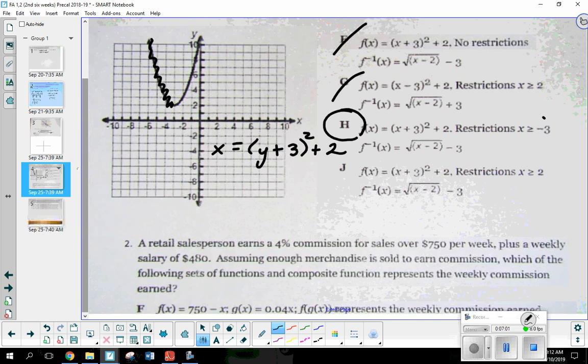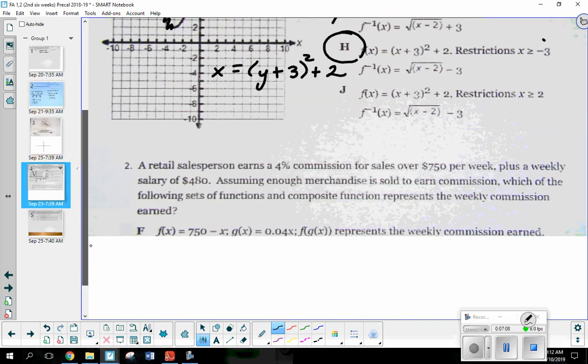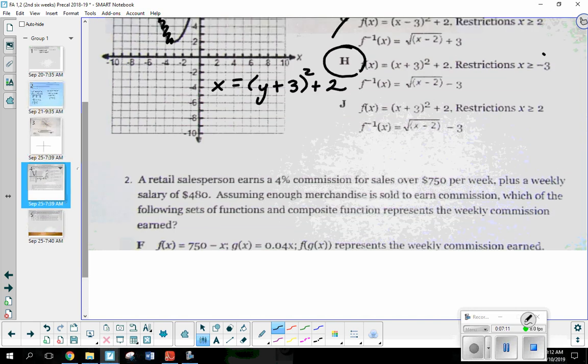So what would I do? What's first? What's the first term I need to move? The 2. All right, so I'm going to subtract it over. X minus 2 is equal to y plus 3 squared. Now what? Square root. Now, this is really important. Typically, when we're solving algebraically and we take an even root, we want to put a plus or minus in front.